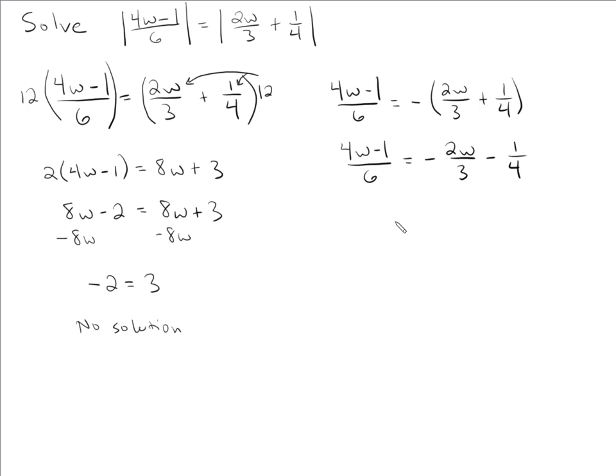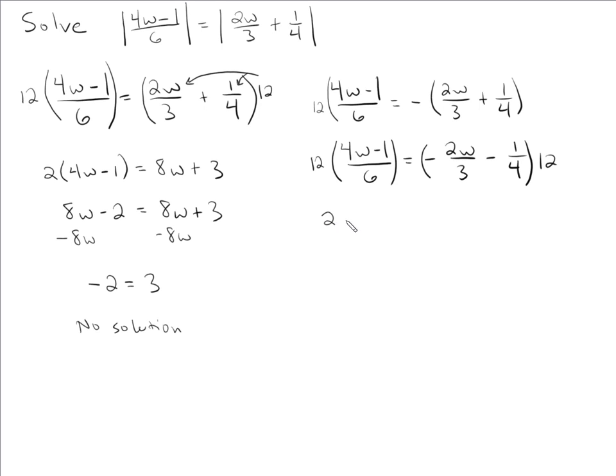So let's try the other one and just see what happens there. So similarly, what we can do is multiply both sides by this least common denominator. So it's going to be 12 again. Okay, and then very similar to the last time, the 12 and the 6 will cancel.